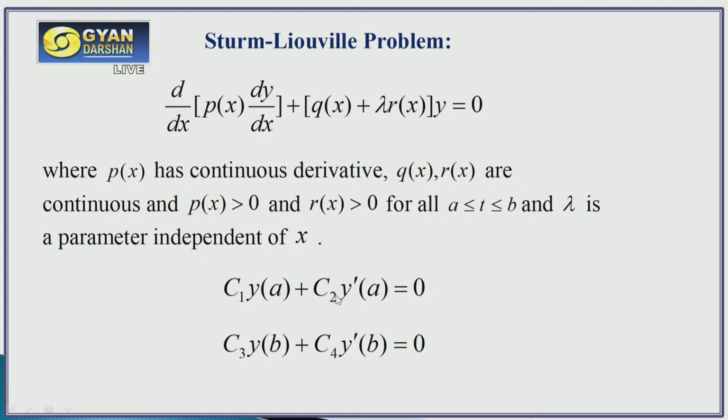Now, when we define this boundary condition, you can see both points, a and b, have been used. That's why we call this a mixed boundary value problem. So this equation with these boundary conditions is called Sturm-Liouville's boundary value problem.